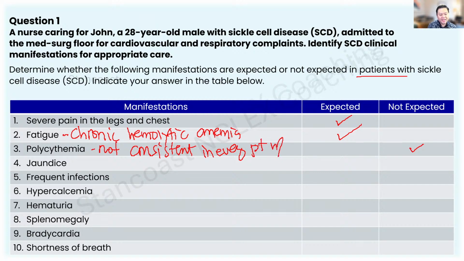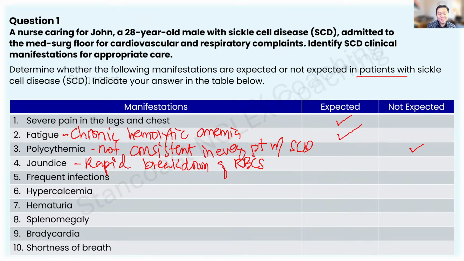Now the jaundice, what is the jaundice? This is the yellowing of the skin, right? The sclera, other mucosal lining in the body. So you will note that yellowing, right? And the reason for that is because of the rapid breakdown of RBCs.